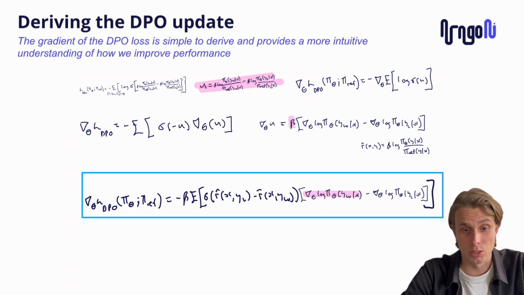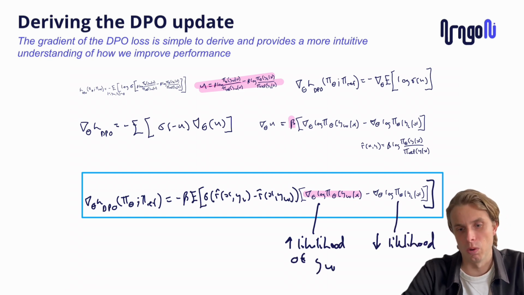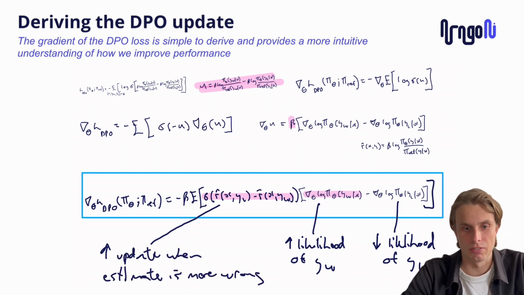So here we have our derivative, and we can get some really interesting information. This component here is telling us that this will increase the likelihood of the winning response, while we're going to be decreasing the likelihood of the losing response. That's exactly what we want. We then have this term as well, which is going to effectively increase the strength of the update when there is a large difference between the desired ranking and our losing one.